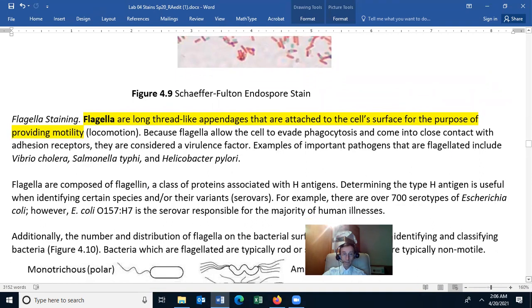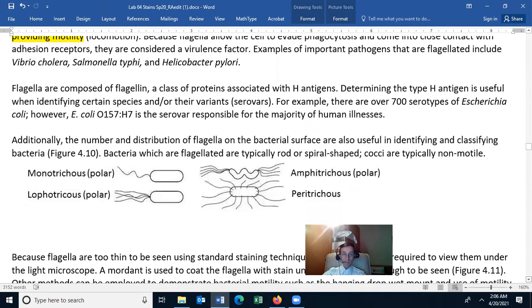Anyways, the special stain coats the flagella many times, so instead of having just one flagellum, you have many layers on top of layers. And then when we look at the cells, you can actually see the flagella. And this table, you'll need it to answer one of the questions in the worksheet.